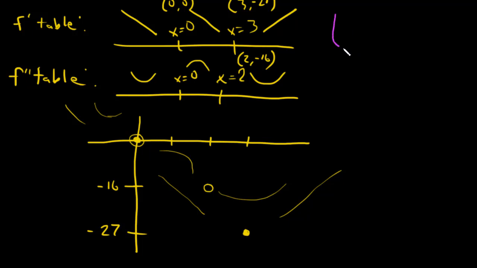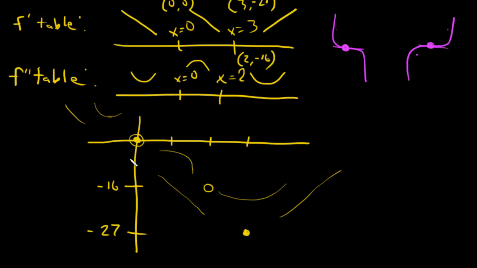So I either have this, or I have, let's see how to do this other one, this, where right here the concavity changes from up to down or from down to up, and there's a horizontal slope right there. So this is what happens when it's not a min or a max, but it is a horizontal slope. It has to be a point of concavity. An inflection point at that point, a point where the concavity changes. That is the only way you get a horizontal slope without having a min or a max.